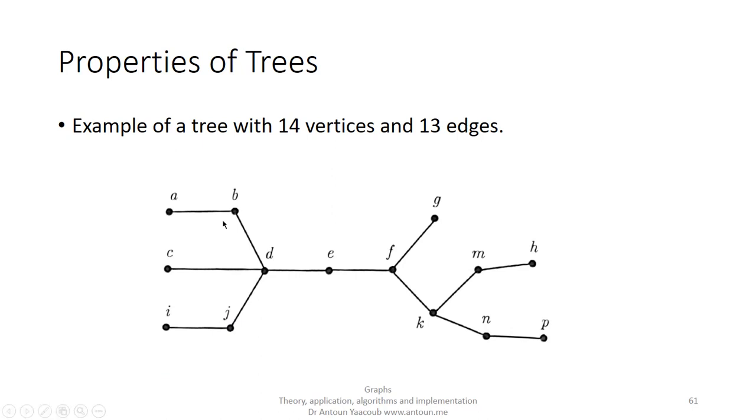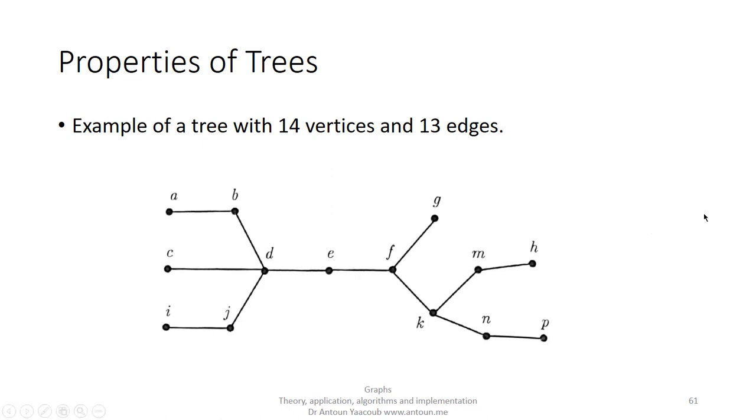The vertices are A, B, C, D, and so on, and the edges connect the vertices. As you can see, there's no cycle, and there are no multiple paths between any two vertices.